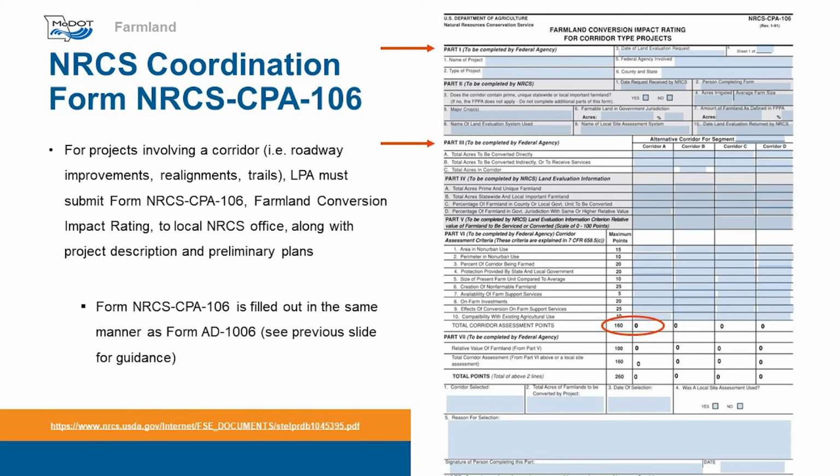For projects involving a corridor, which includes most roadway projects, Form NRCS-CPA-106 should be used in place of the AD-1006.